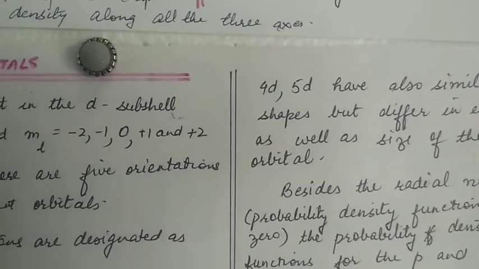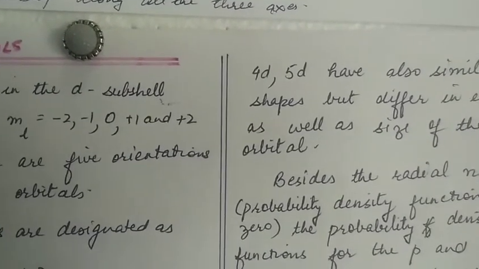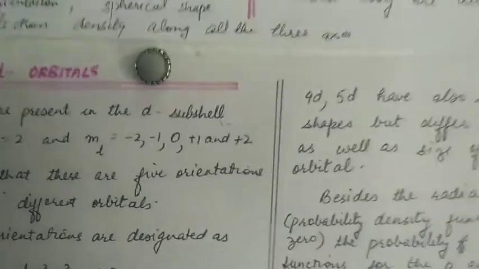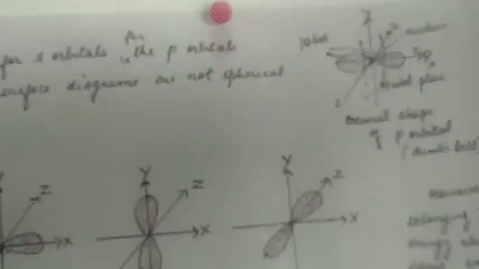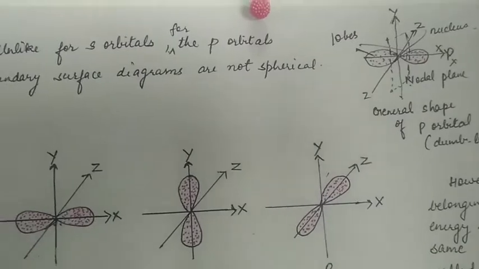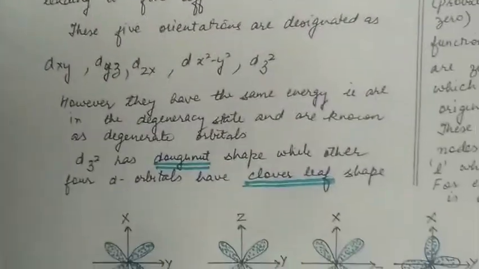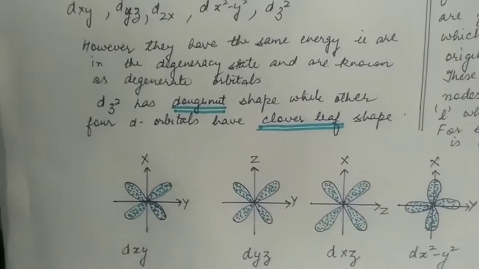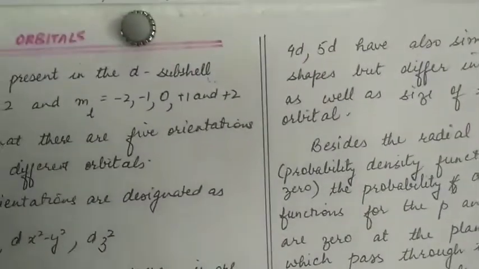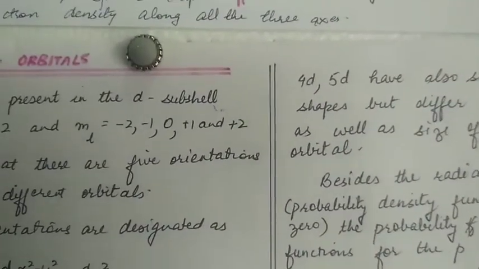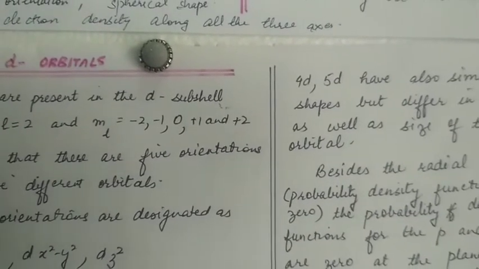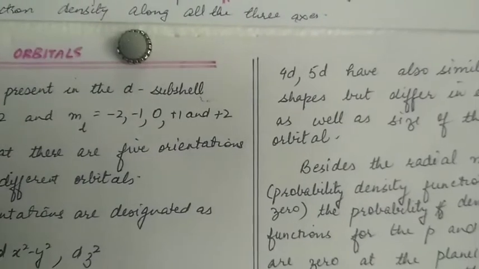The probability density function for P and D are also 0 at the planes. So for P orbital there is only one nodal plane where probability is 0, but for D orbitals there are two nodal planes where probability is 0, and the total nodes present in any orbital will be the sum of the angular nodes and the radial nodes.